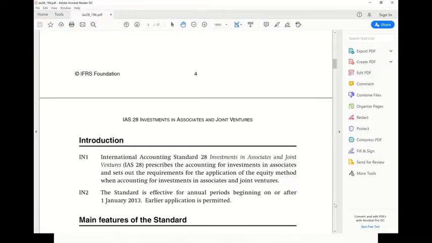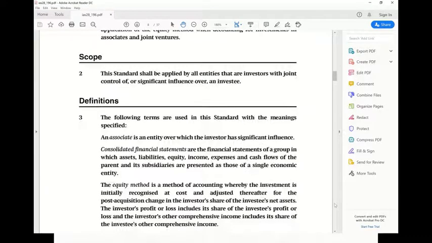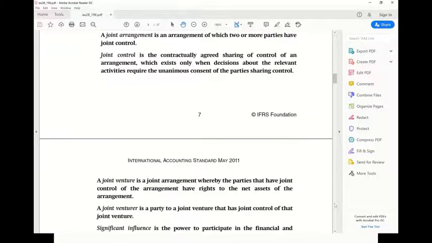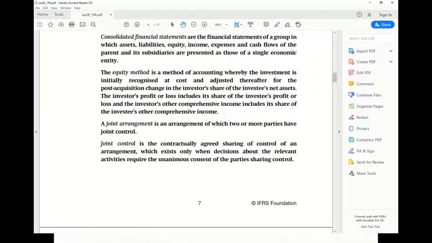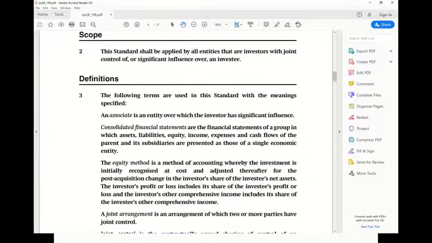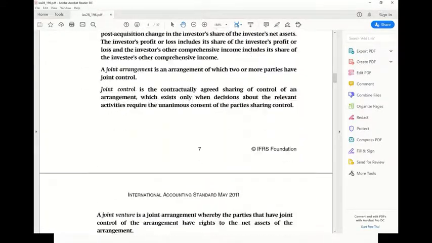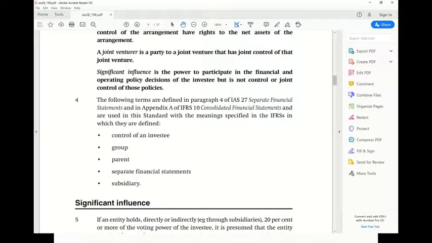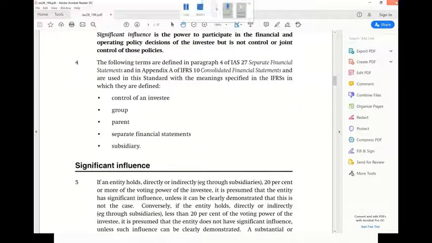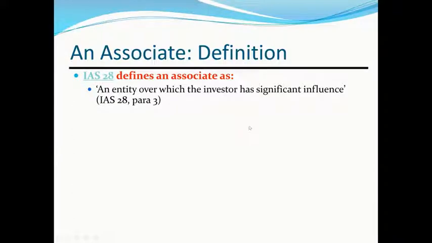So if you go through this standard, you will see the different definitions that we are covering here and the accounting treatment of the associate. Starting with the definition of associate, the associate is mainly defined in this standard as an entity over which the investor has significant influence.